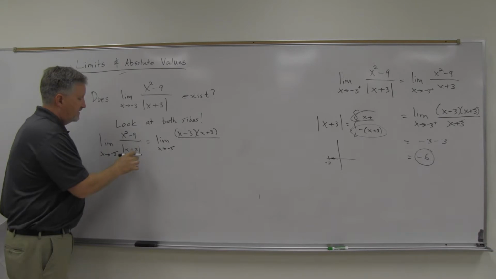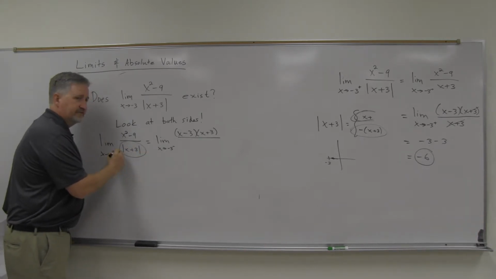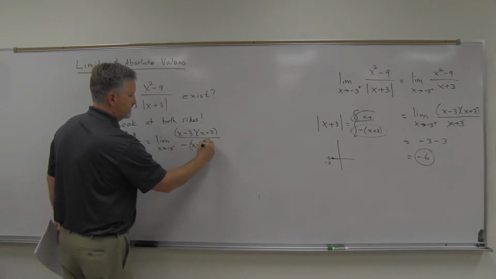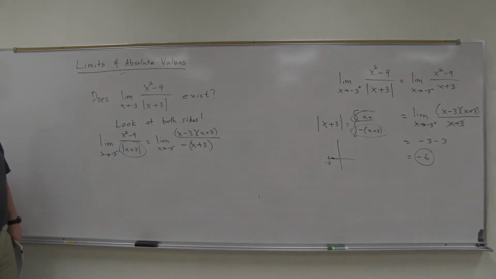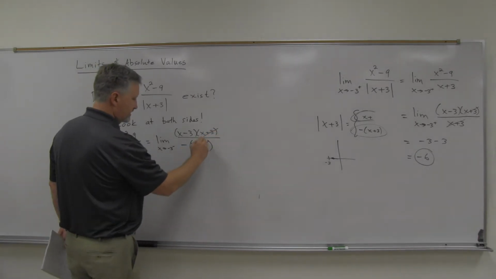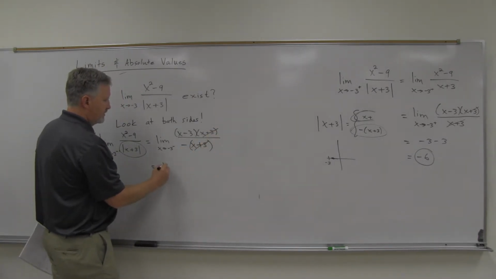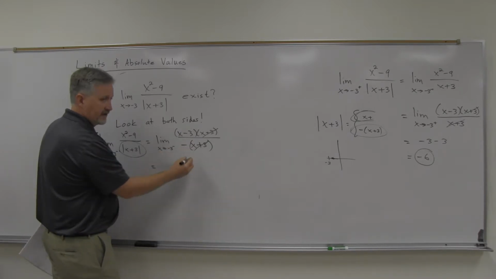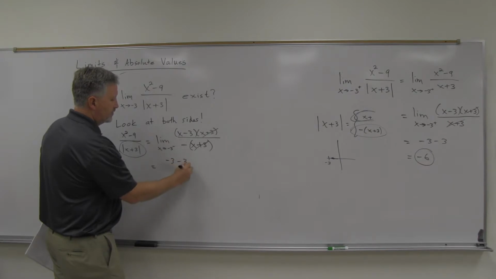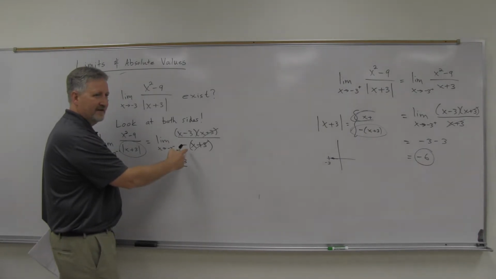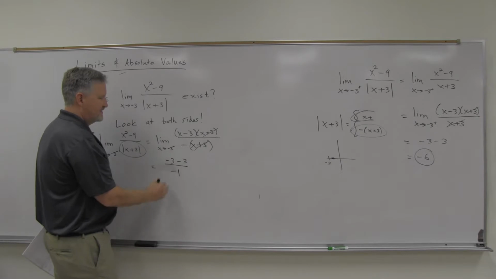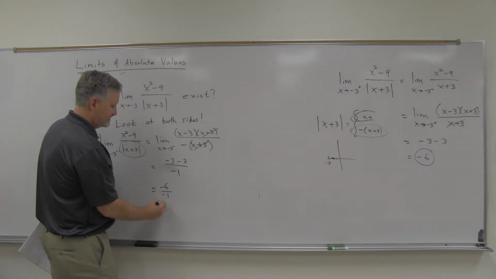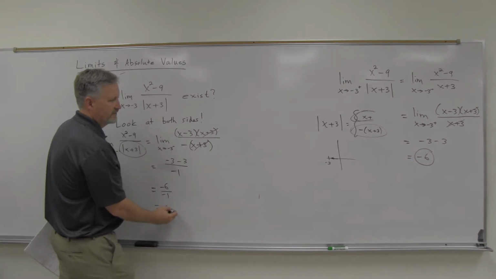But since I'm approaching -3 from the left, I'm going to replace my absolute value by the negative of x plus 3. Negative parentheses x plus 3. What's that change? Well, I still cancel the x plus 3 out, and then I can plug in the -3. But what do I have on the bottom? A -1. So it is -6, but it's divided by -1, which is +6.